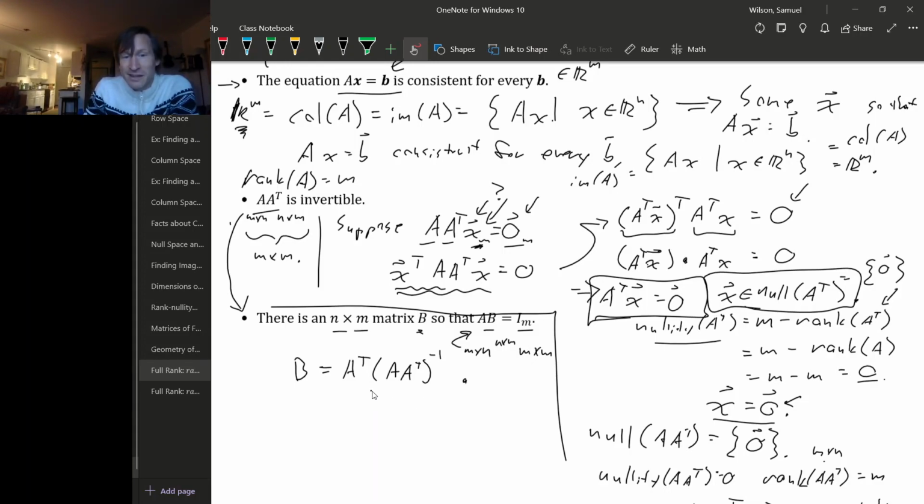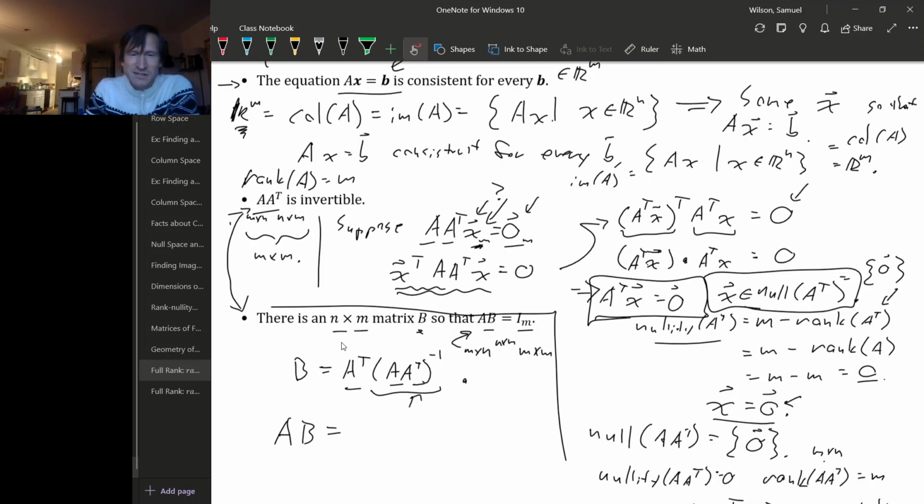So how do I know that this exists? Well, that's the assumption, right? We're assuming that A transpose is invertible, so this inverse has to exist. Okay, so now let's check that A times B is the identity of size M. Well, A times B is, first of all, these products are defined, right?